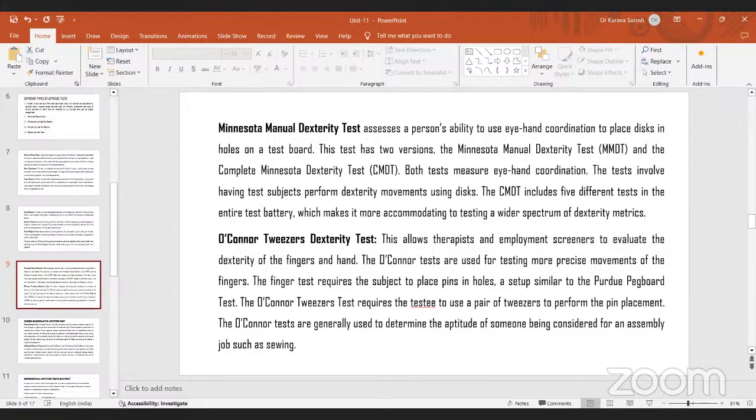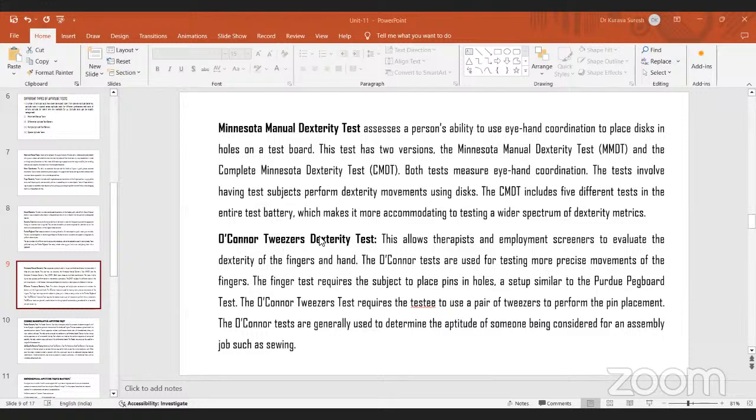O'Connor tweezer dexterity. This allows the therapist or employment screener to evaluate the dexterity of the fingers and hands.